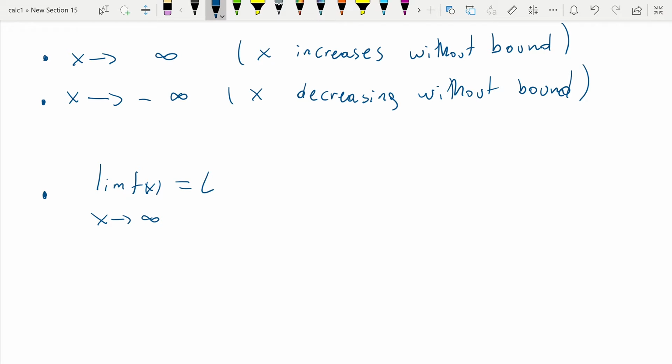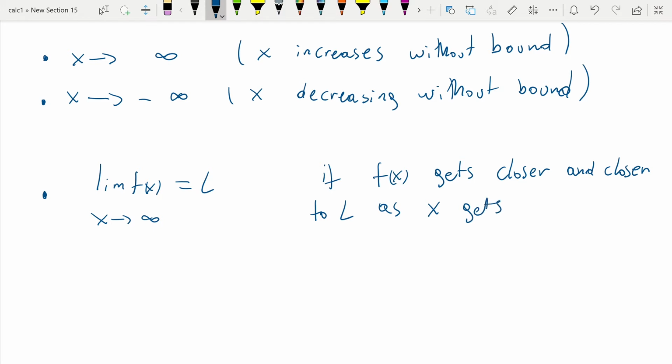So the limit of f of x as x approaches infinity will be equal to L if, this is very informal, f of x gets closer and closer to L as x gets larger and larger.